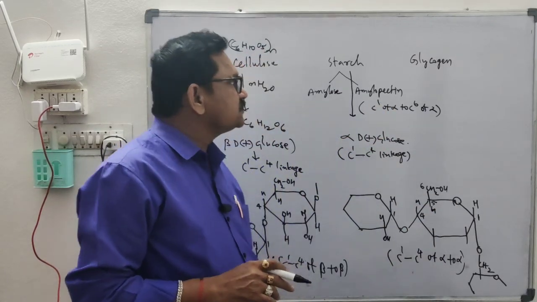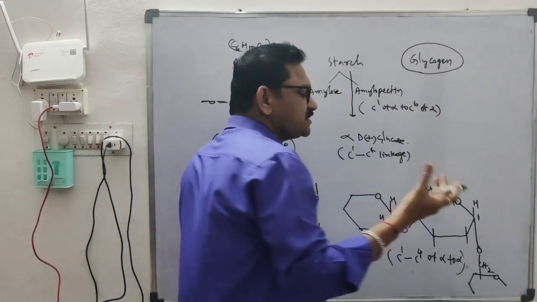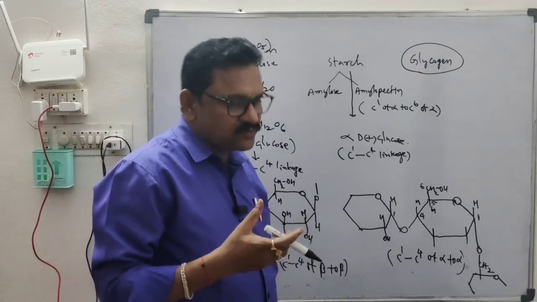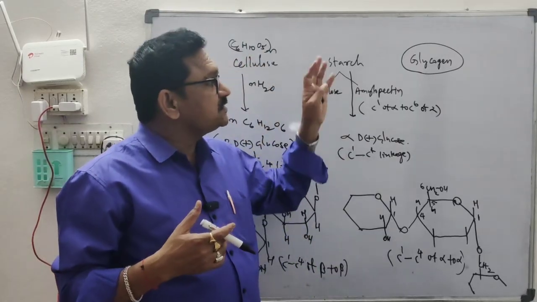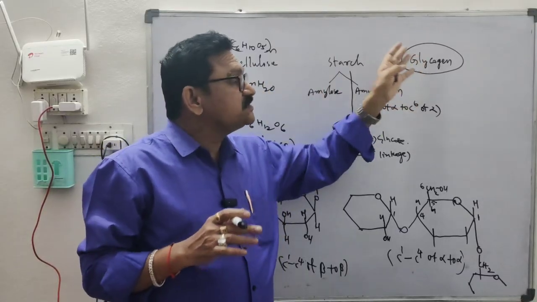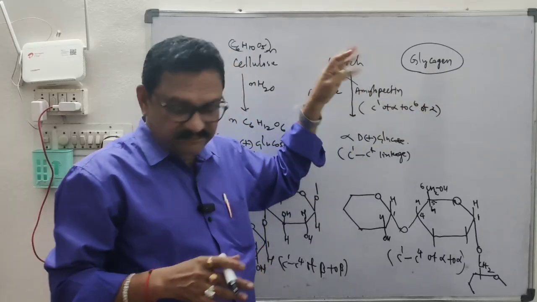So what about glycogen? Glycogen is a source for storing energy. Whenever our body requires glucose, some enzymes are automatically produced in our body, and those enzymes can break down glycogen into glucose. Glycogen is also completely a polysaccharide like starch.